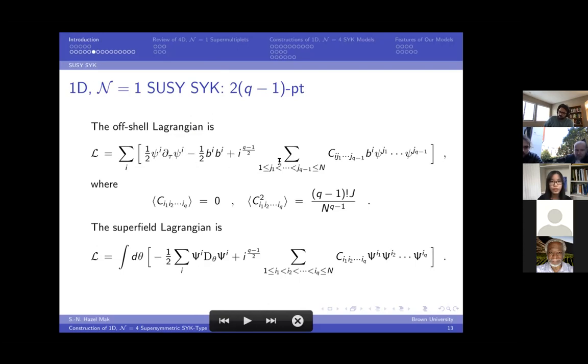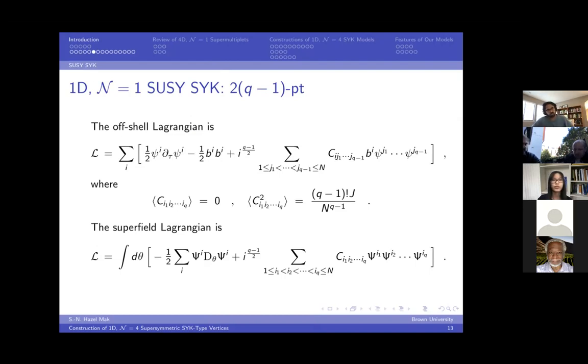So this is the offshore Lagrangian, and now this is a coupling constant that we take as Gaussian random, and its variance is constant. And the superfield Lagrangian looks like this. So this is a review of the N=1 supersymmetric SYK models.